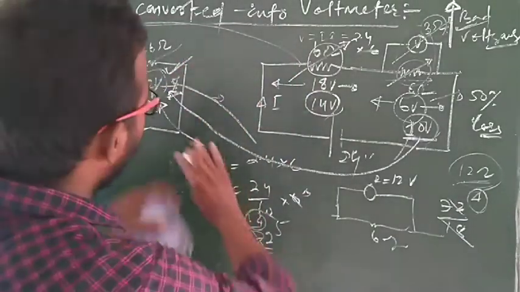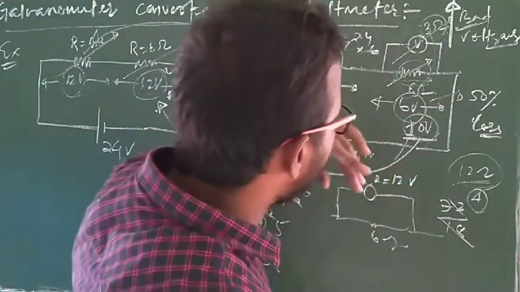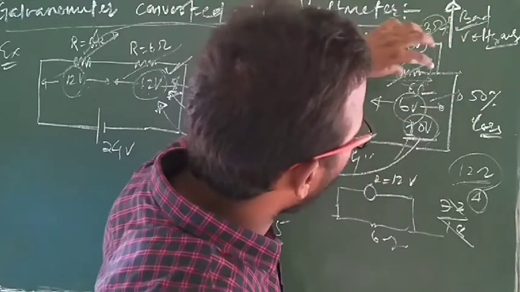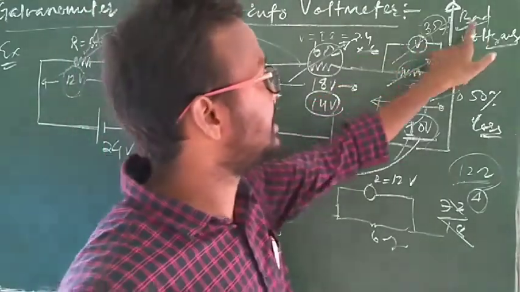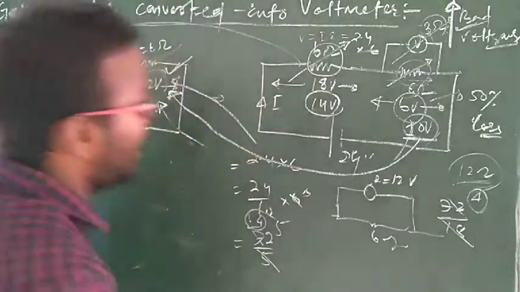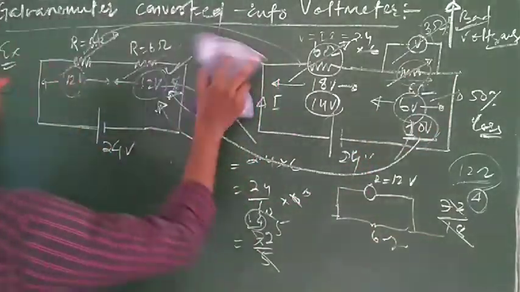So from this example we conclude that the resistance of a voltmeter which is connected across a resistor in parallel must be high, so that we get the actual voltage drop across the resistor. Clear?